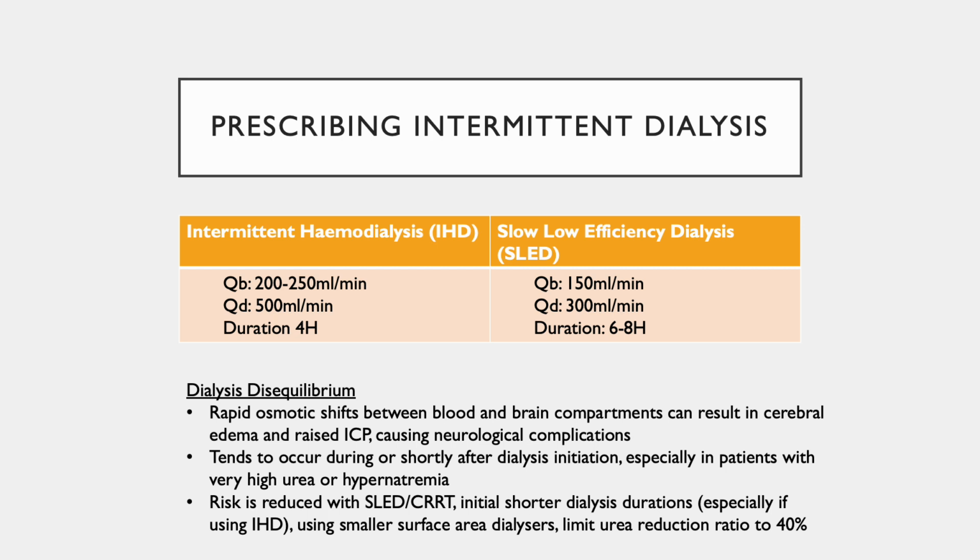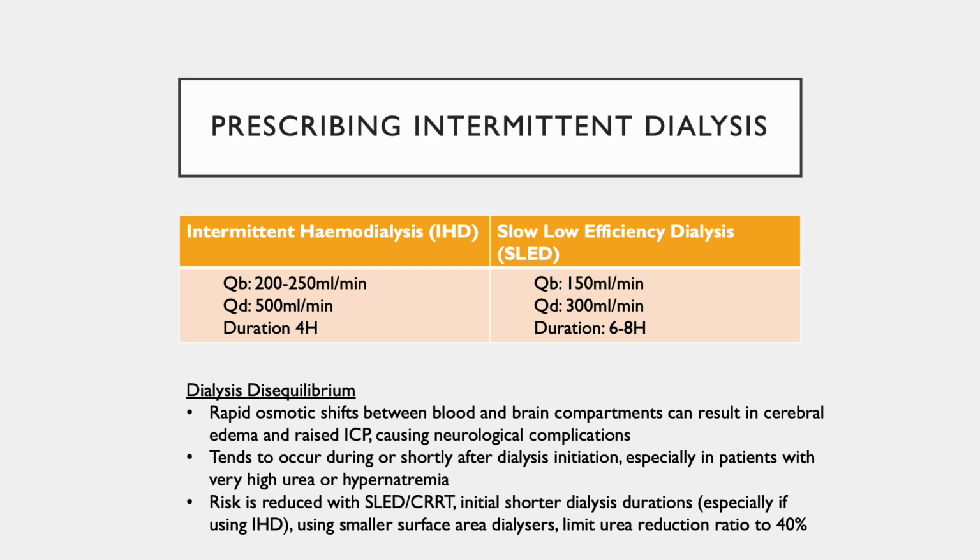Dialysis disequilibrium is something that tends to occur more with intermittent rather than continuous renal replacement therapy. It occurs because of rapid osmotic shifts between blood and brain compartments and can result in cerebral edema, raised intracranial pressures, and neurological complications. They tend to occur during dialysis initiation, especially in patients with very high levels of urea or hypernatremia.